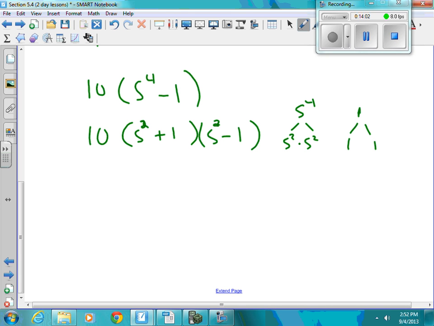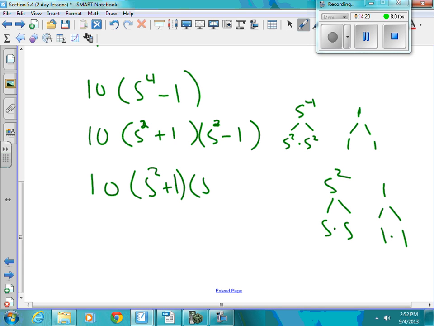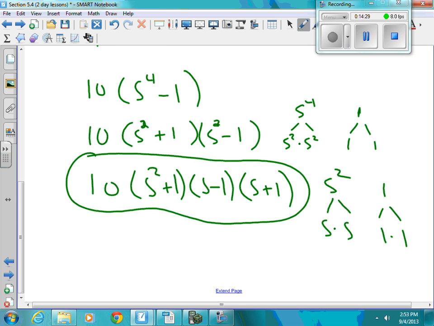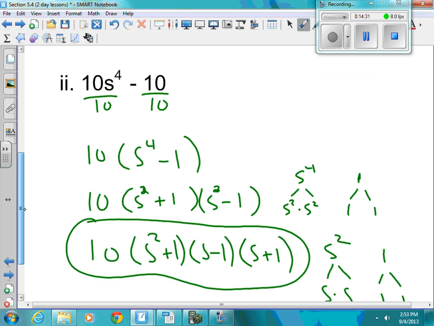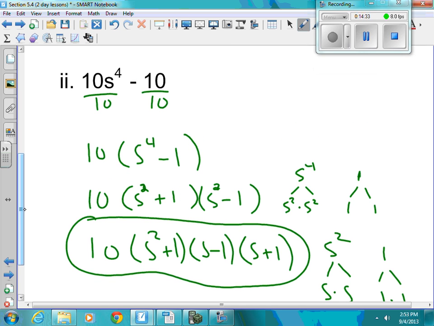There's no monomials to factor out. But s squared minus 1, is that a difference of squares? Well, believe it or not, it is. S times s is s squared. And we already know 1 times 1 is 1. So, s squared plus 1, nothing to do with that. But s squared minus 1 is s minus 1, s plus 1. And this is now our complete factorization of 10s to the 4th minus 10.